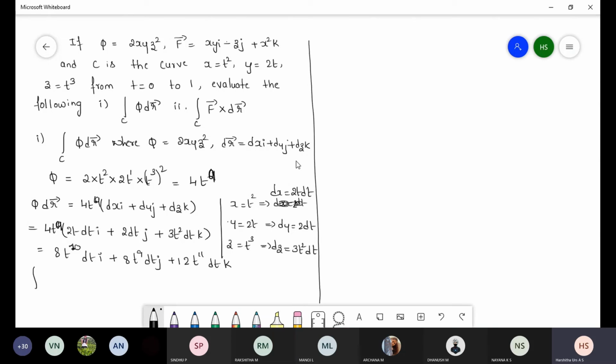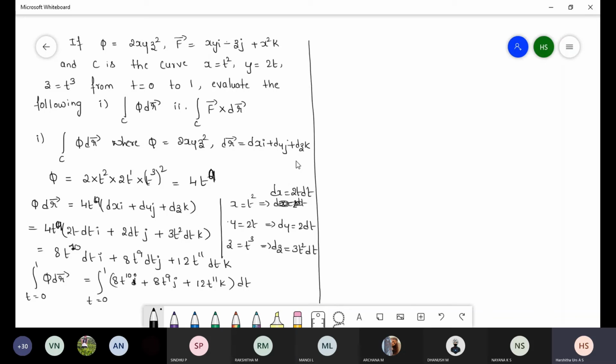So do the integration, t is equal to 0 to 1, vector dr is equal to integration 0 to 1, 8 t power 10 I, I will write dt outside, 8 t power 9 j plus 12 t power 11 k, whole into dt.